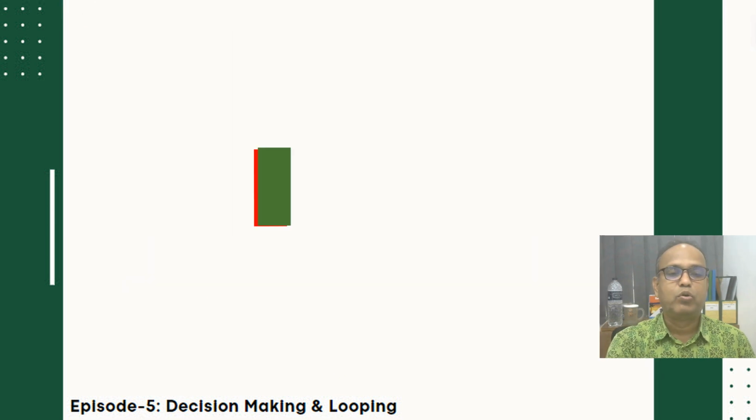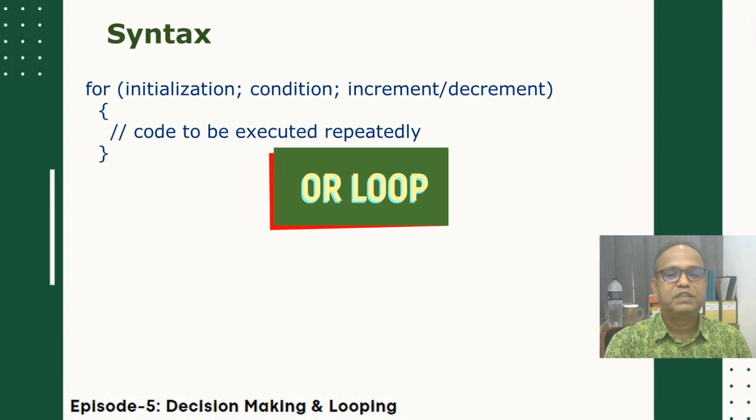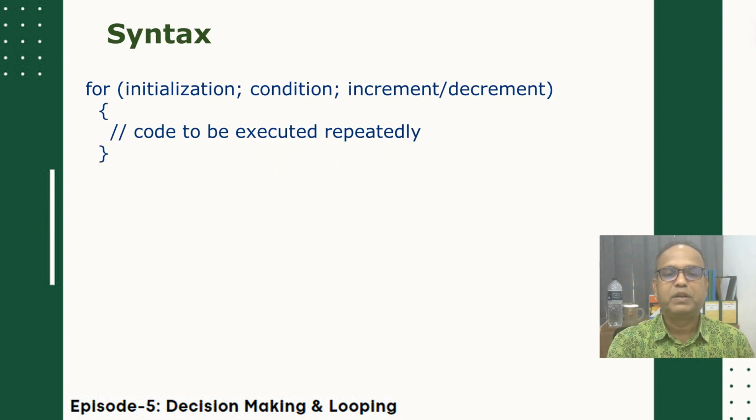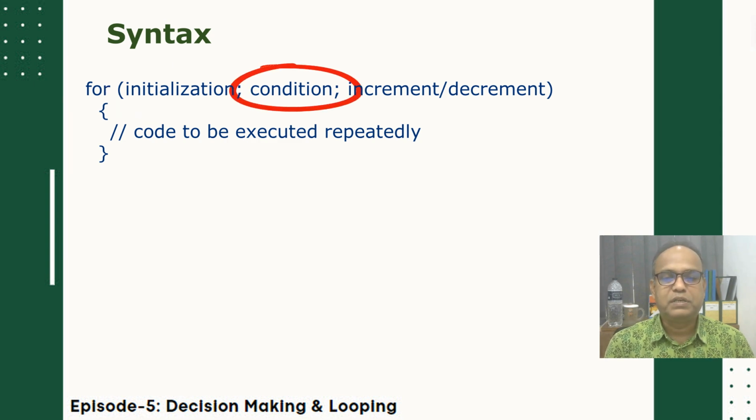For loop syntax: for (initialization; condition; increment or decrement). Initialization is executed only once before the loop begins, typically used to declare and initialize a loop counter variable. Condition is checked before each iteration of the loop.